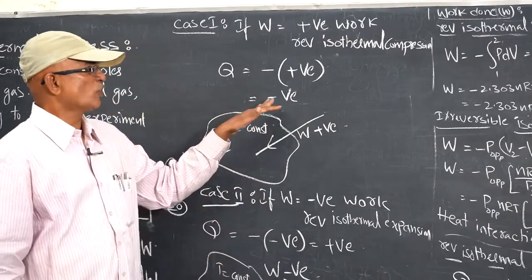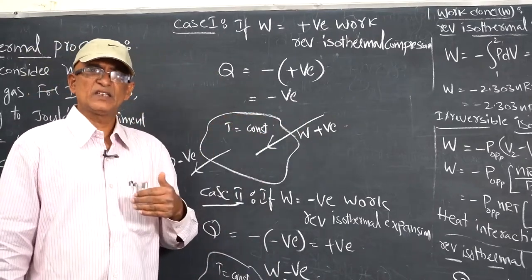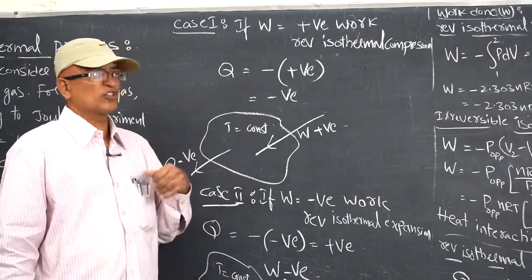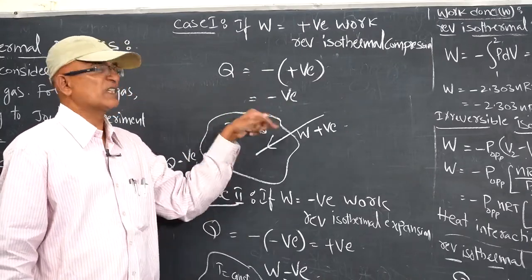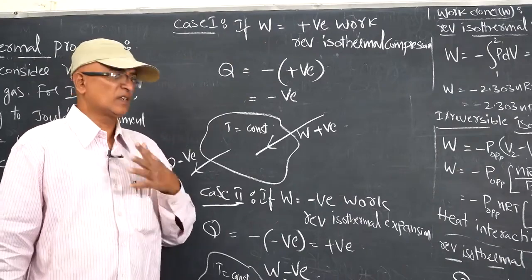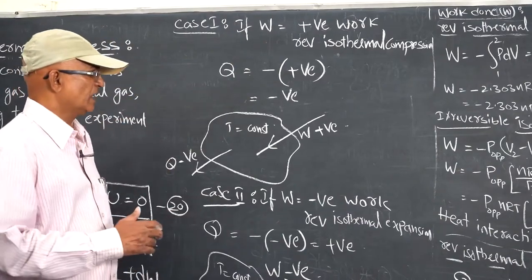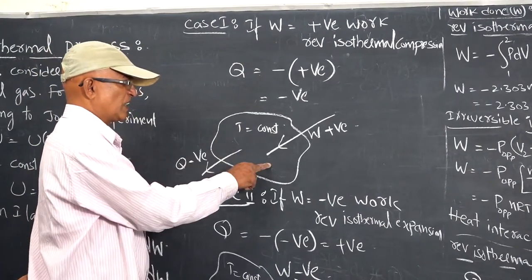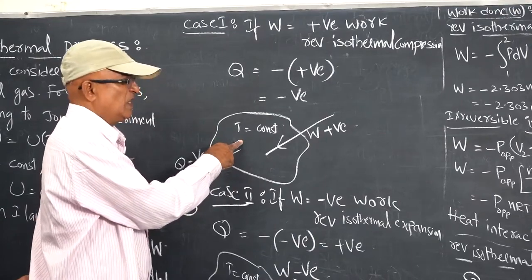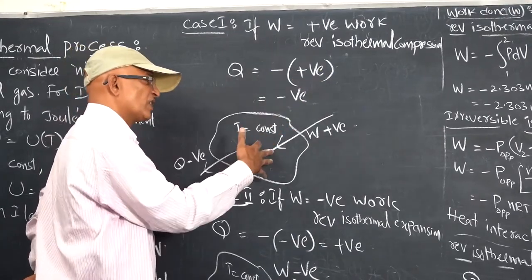So why? Another question you can ask is, as a result of reversible isothermal compression, why is heat given out by the system? Now I will explain this very clearly. Here in this process, temperature should be constant, but what is happening? Work is done on the system.